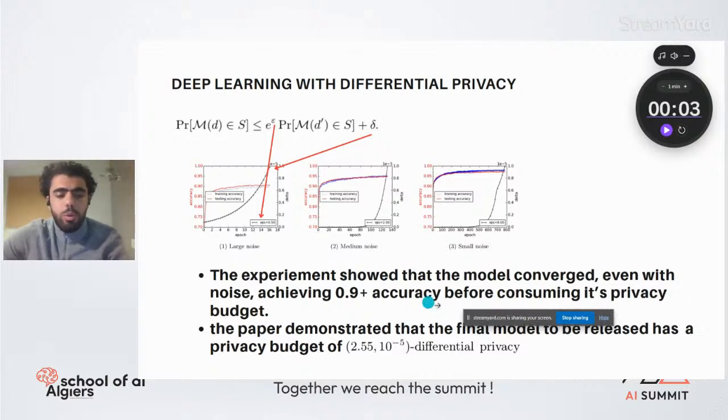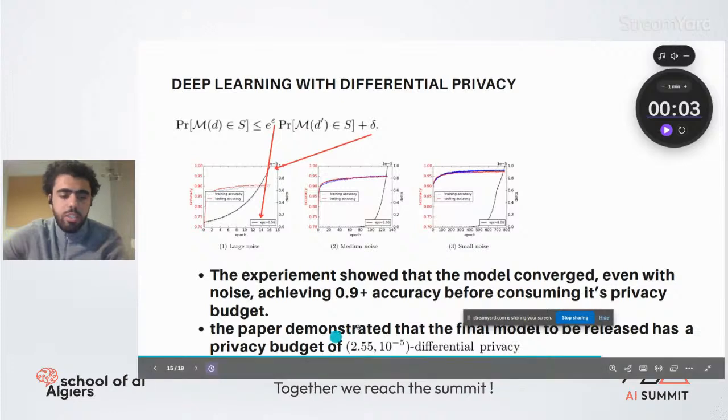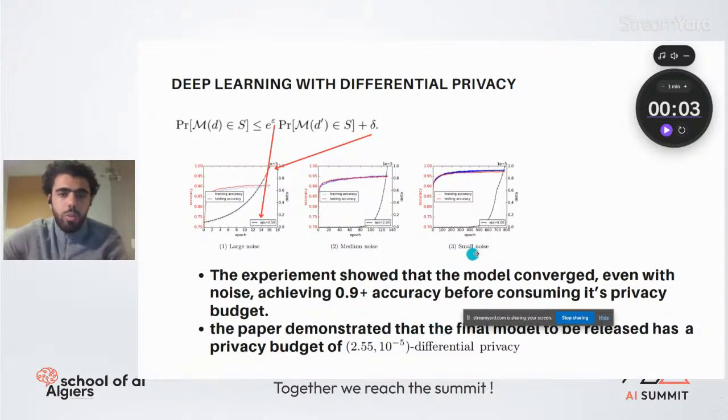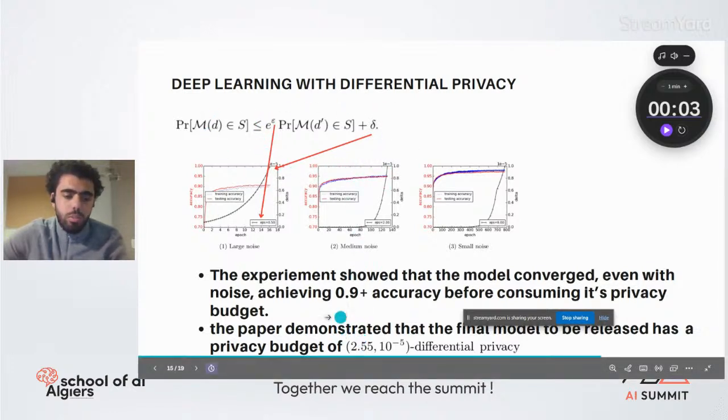The paper also demonstrated that the final model to be released has a differential privacy budget of epsilon 2.55 and delta 10 to the power of minus 5. The paper also had another contribution in the way that it estimates the privacy budget.